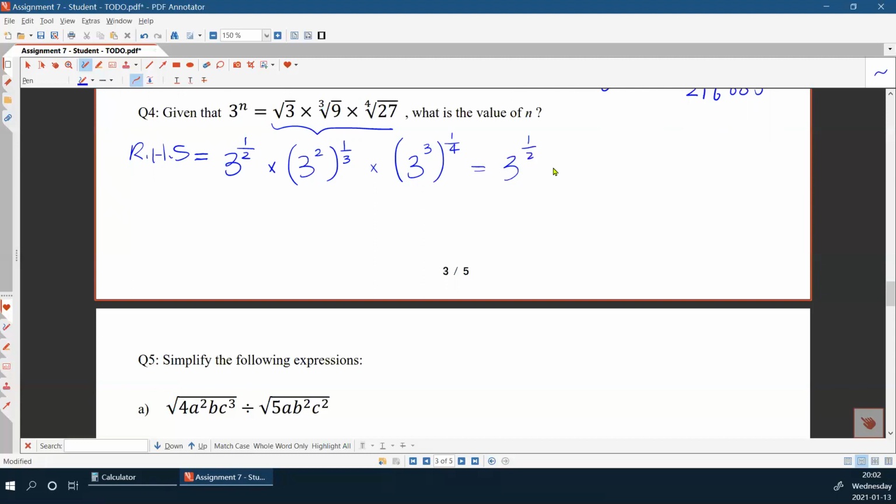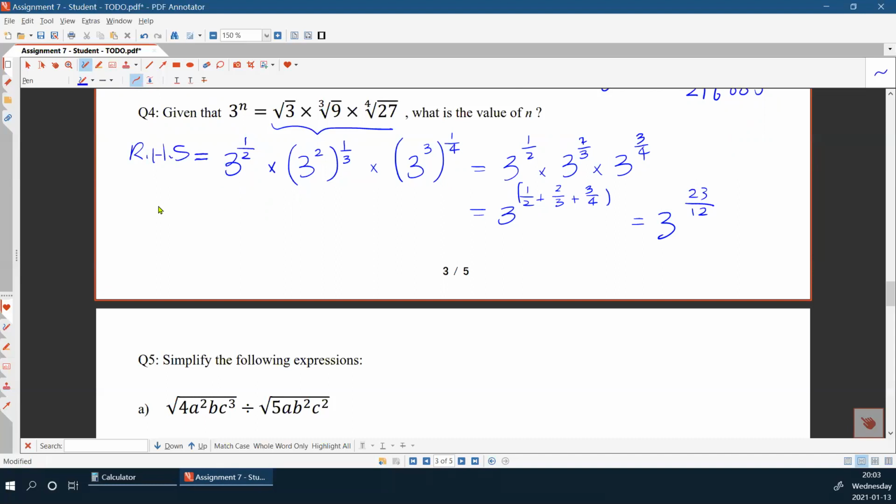Again, you can further simplify the right-hand side to this number. Okay, this is actually 3 to the 1/2 plus 2/3 plus 3/4 power, which is 3 to the 23/12 power.